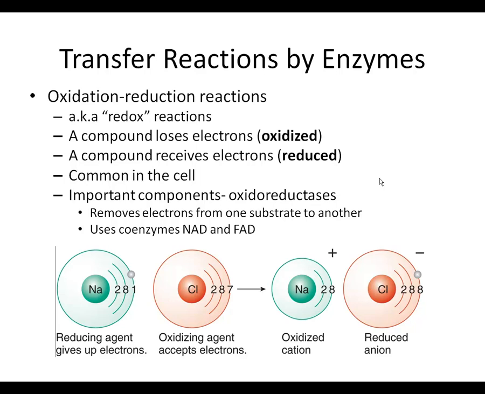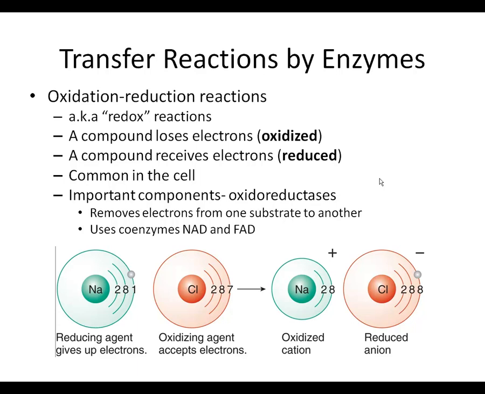If you look here at this picture, you'll see that we have sodium and chlorine. This is a very common oxidation reduction reaction. Sodium has that outside valence electron, and it only has one. It would love to have a full valence shell, and the easiest way to do that is to give up its electron. So once it gives up its electron, it is in its oxidized state, and it gets a plus charge.